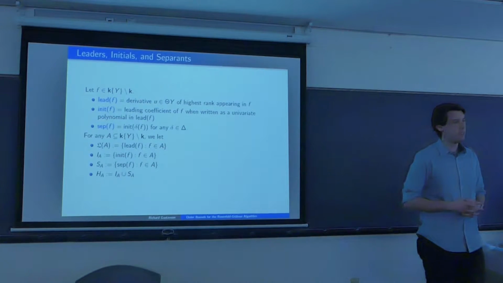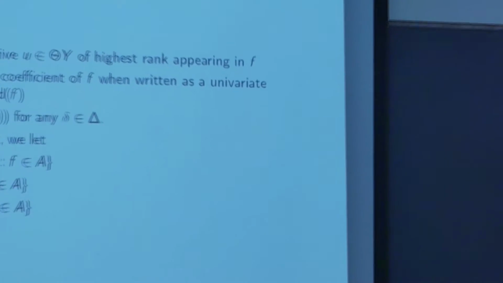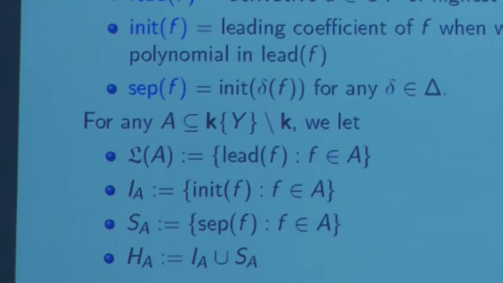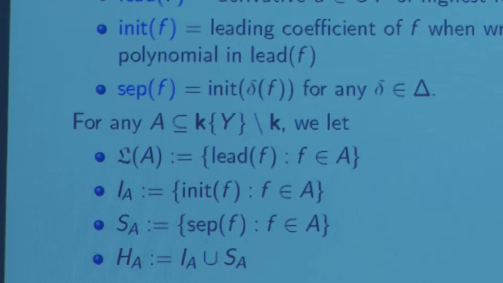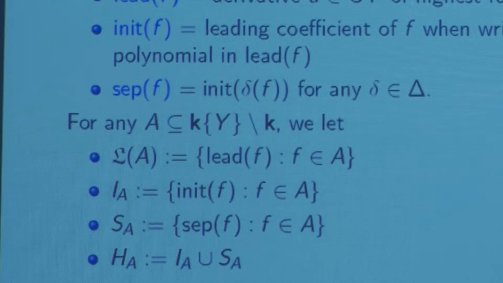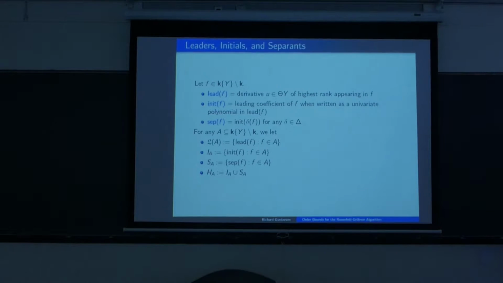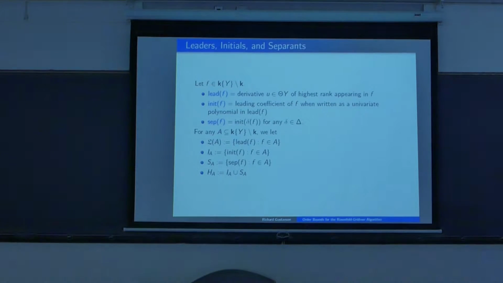The initial of f is the leading coefficient of f when we write it as a univariate polynomial in the leader. The separant of f is what we get if we differentiate f with respect to any of our derivations; the initial of that polynomial is the same no matter which derivation we use, and that we call the separant.